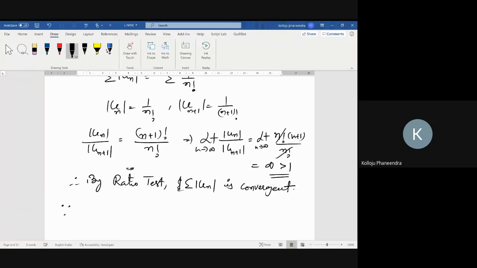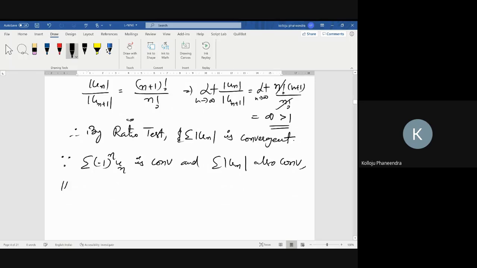Therefore, since sigma minus 1 whole power n un is convergent and sigma mod un is also convergent, the given series is absolute convergent.